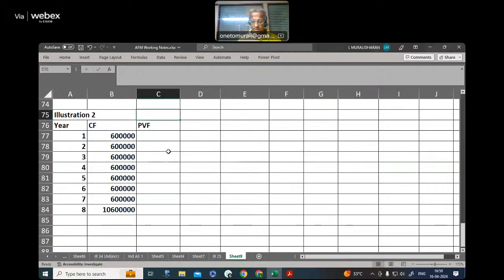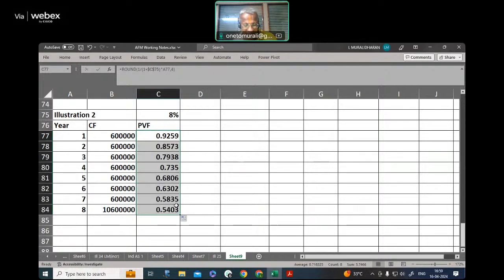So PVF to be taken up at 8%. I corrected that open bracket I omitted by mistake. Discounted cash flow.